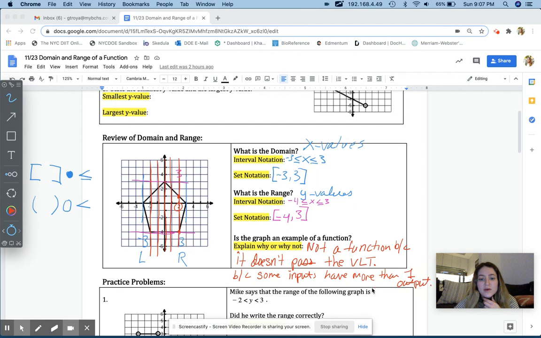Or you can say that not every input has exactly one output, or you can say that because the inputs have multiple outputs. Any way you want to phrase that works, or you can just say that it doesn't pass the vertical line test.